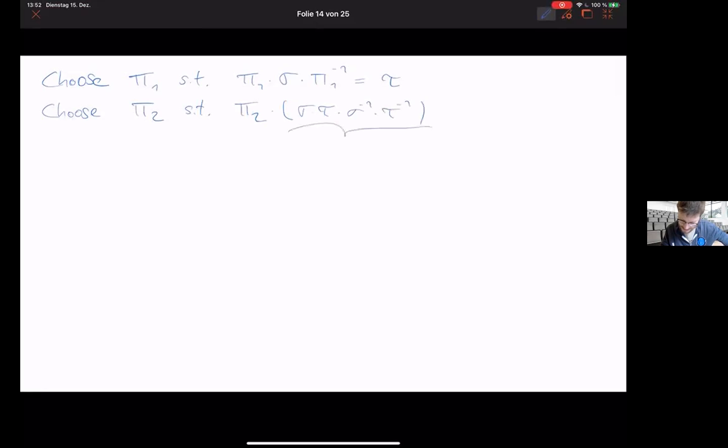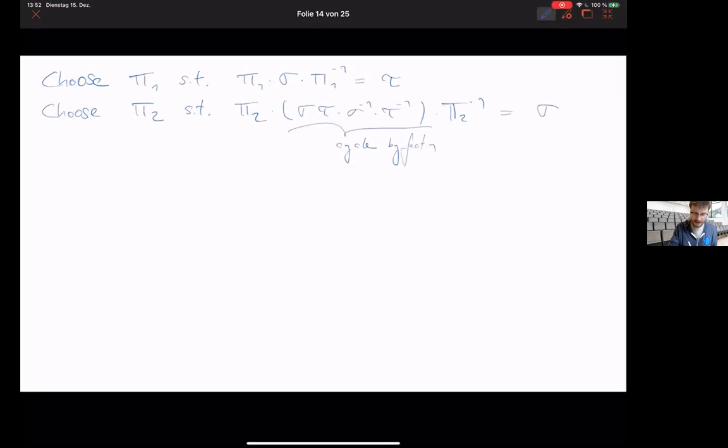I know that this is a cycle, by fact 1, times pi 2 inverse. This should now just be sigma.